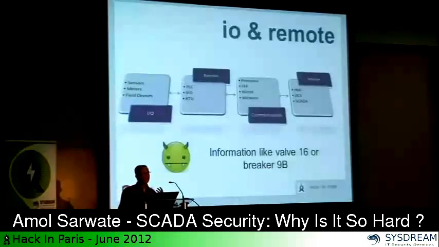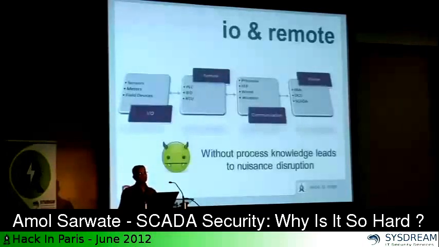You can get information like valve 18B is open or breaker 9C is closed, depending on what type of SCADA system it is. It could be industrial control, manufacturing, automobiles, electric power lines, whatever that SCADA system may be. And doing something here without process knowledge usually causes just a nuisance disruption.